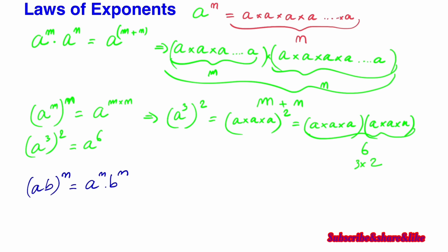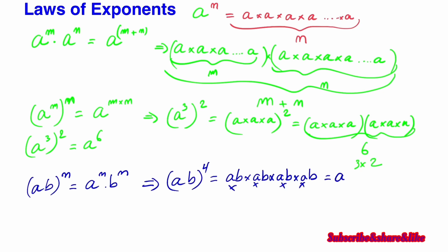The same thing: for example, ab to the power 4 is just ab multiplied by ab multiplied by ab multiplied by ab. This is 4 times, and if you calculate, it will be a to the 4th times b to the 4th. Same thing.